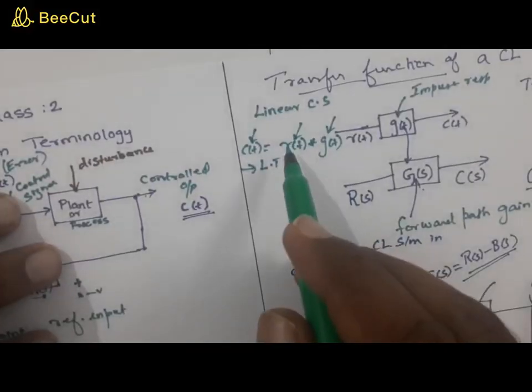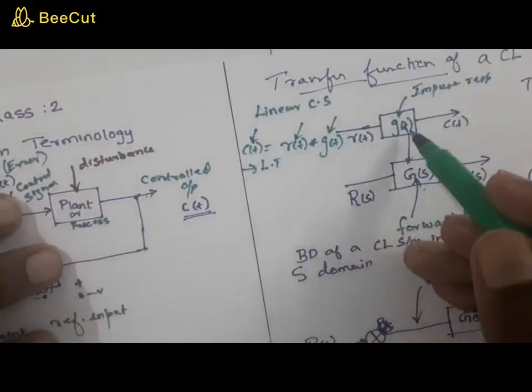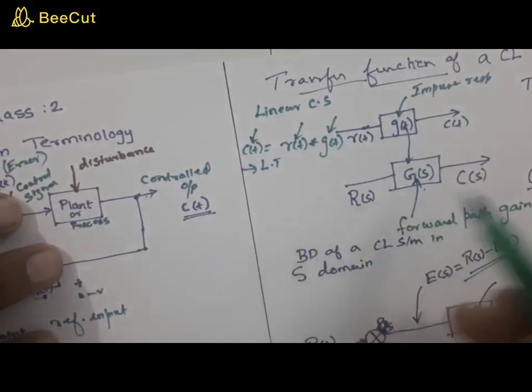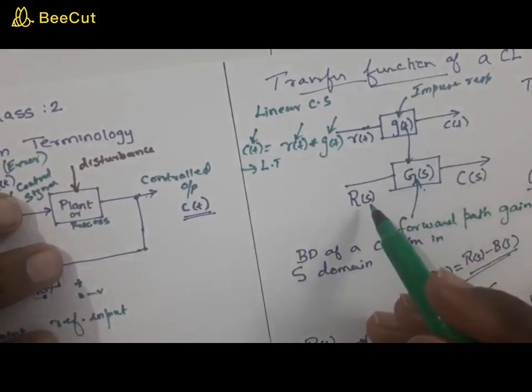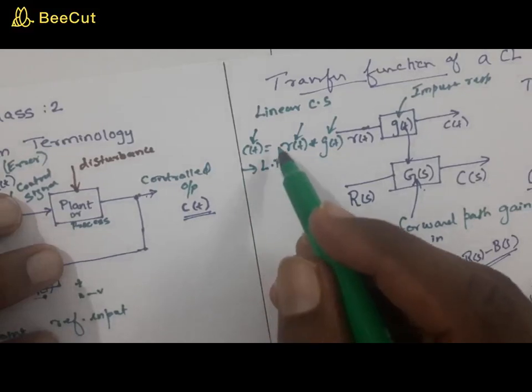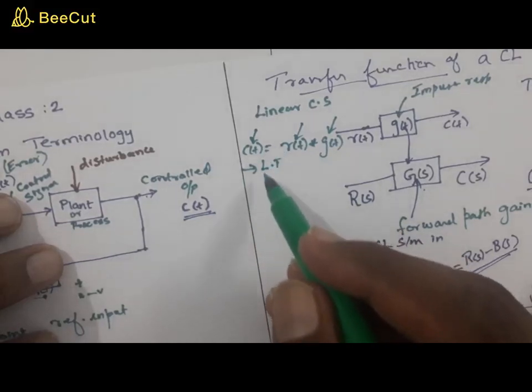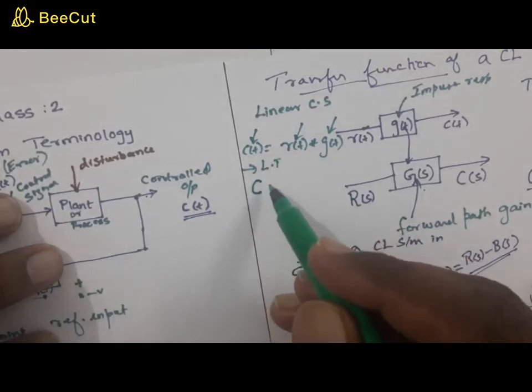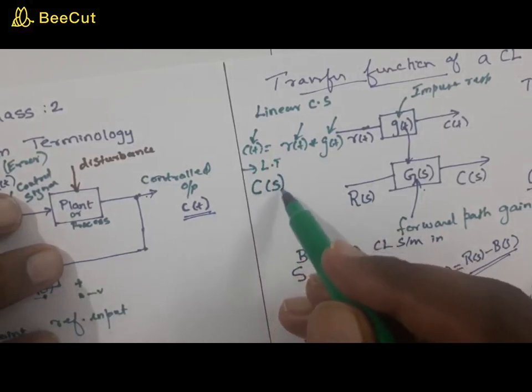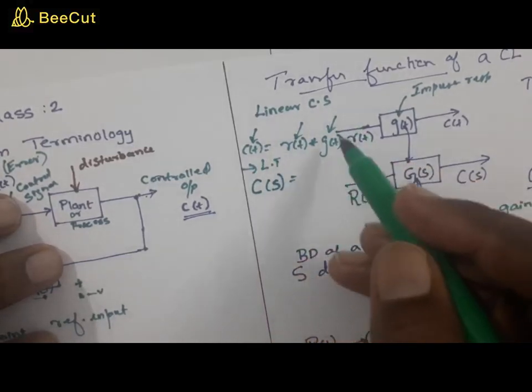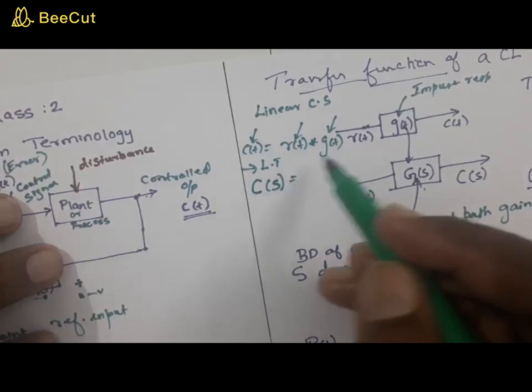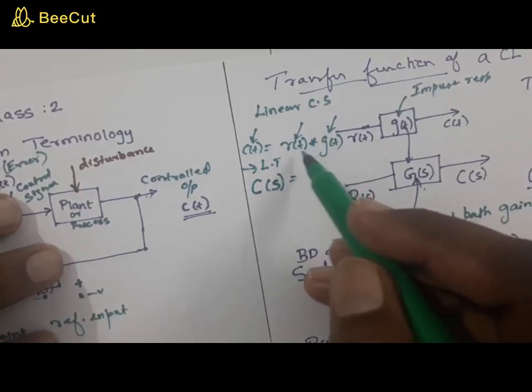Because of this reason, we are converting this time domain to the s domain, so that you have C of s, G of s, and R of s. Applying the Laplace transform, you can write this convolution as simply the product of the individual functions.